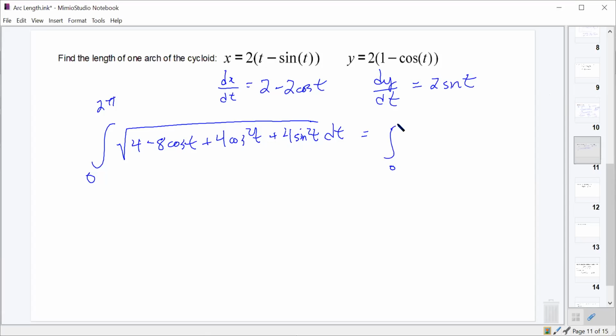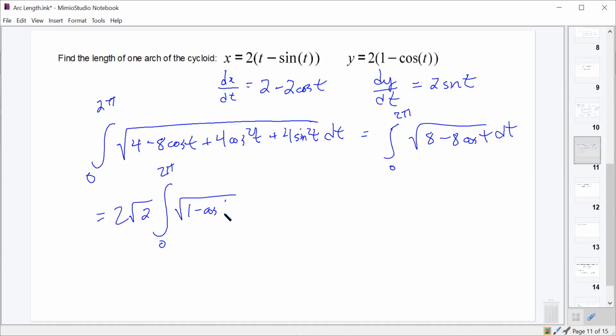So this becomes an integral from 0 to 2 pi of the square root of 8 minus 8 cosine t dt. And then instead of pulling out a 4, we can actually pull out a square root of 8, which is a 2 root 2. So we got an integral of 2 root 2 from 0 to 2 pi of just the square root of 1 minus cosine t. Good or no?